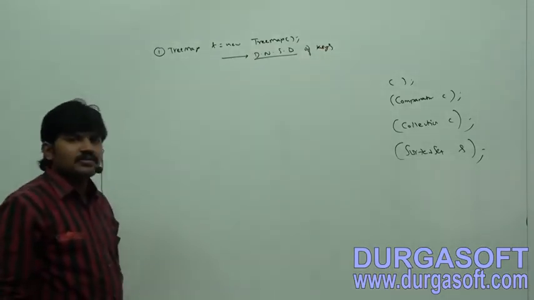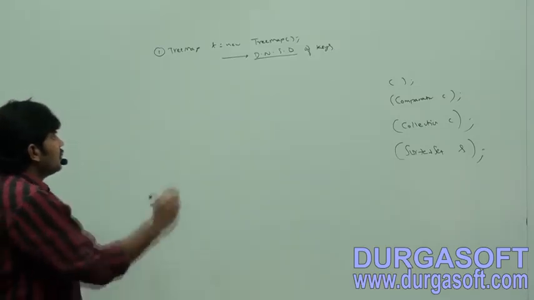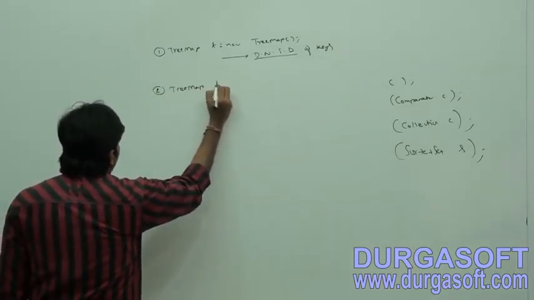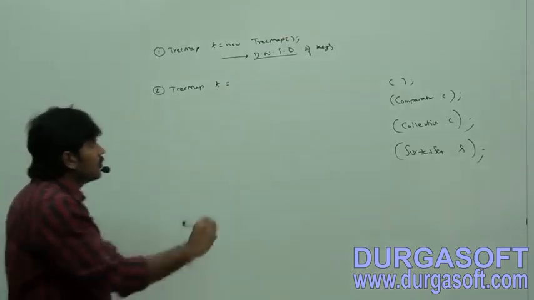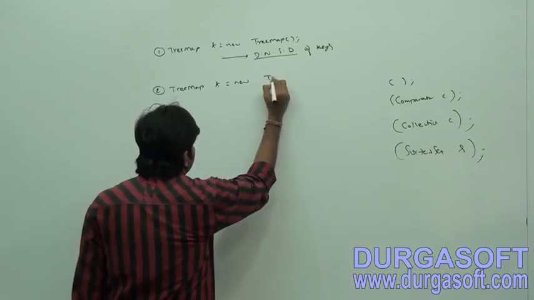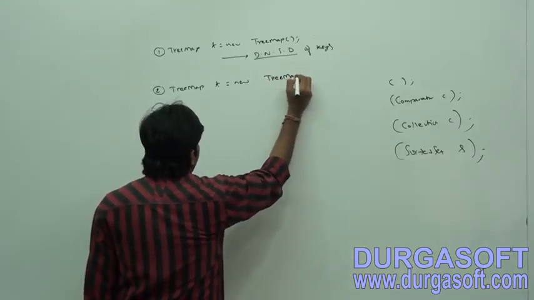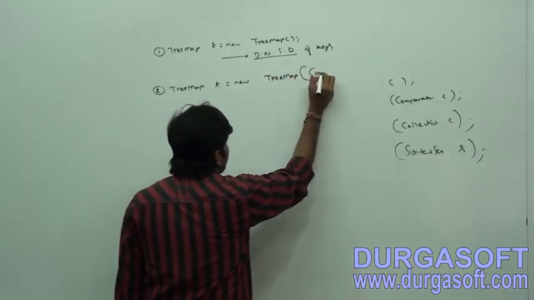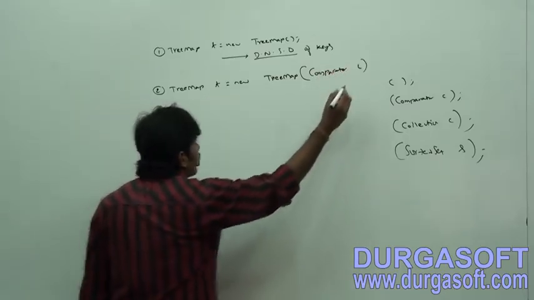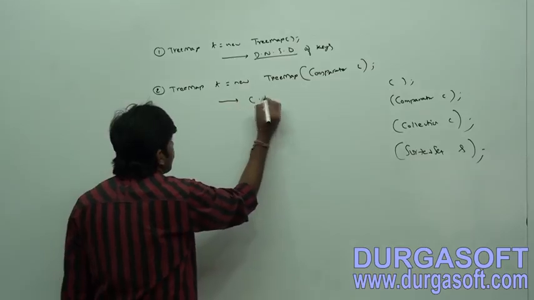Second one: TreeMap t = new TreeMap(Comparator c). This constructor is meant for customized sorting order.